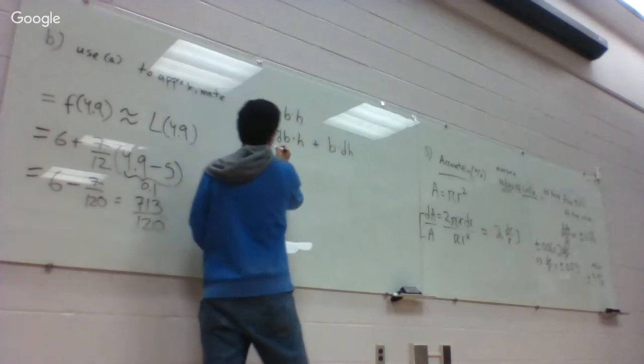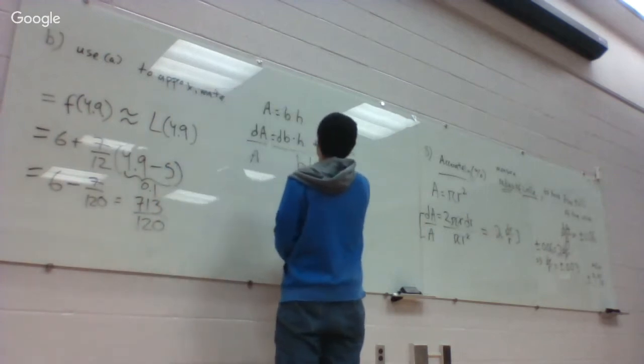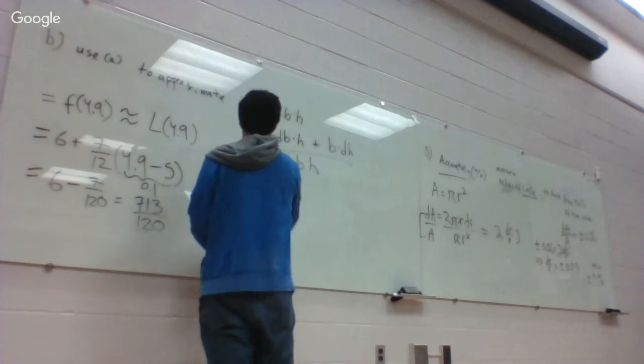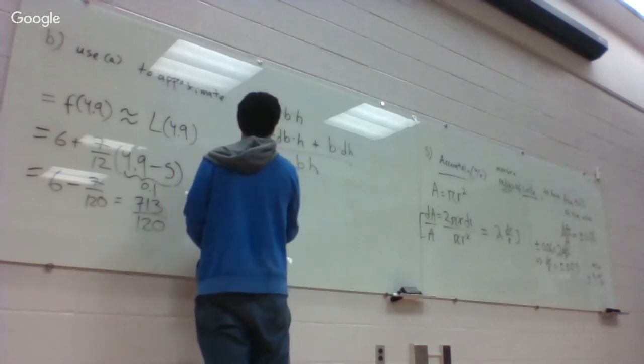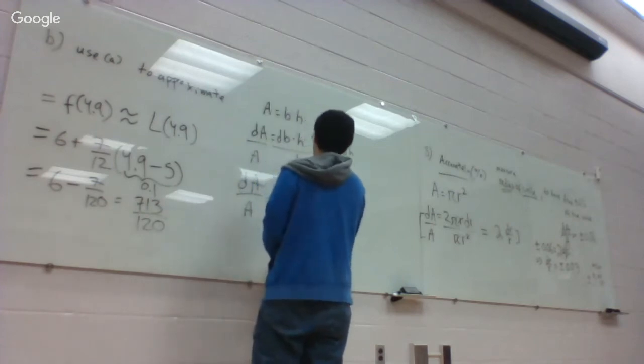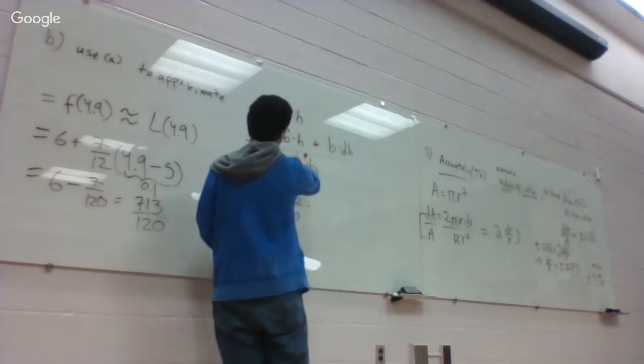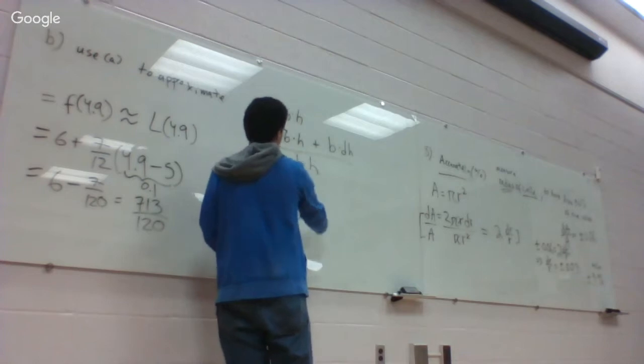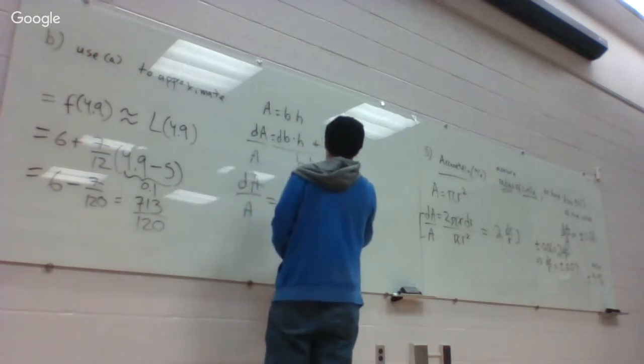Divided by A, divided by base times height, dA over A is equal to dB over b plus dh over h, because if you separate this, the h's would cancel out.